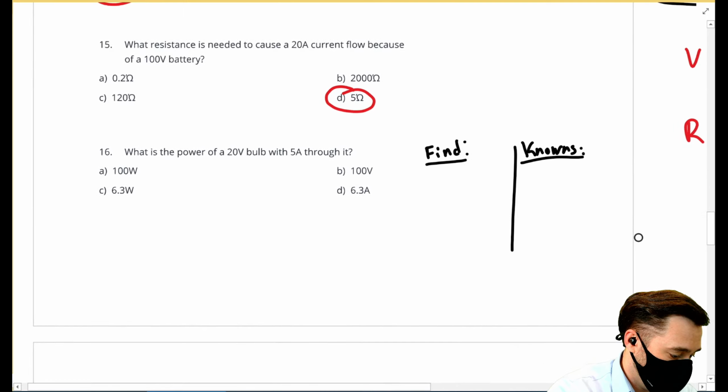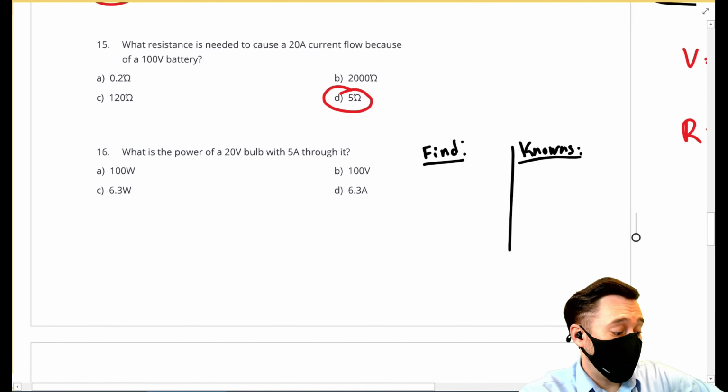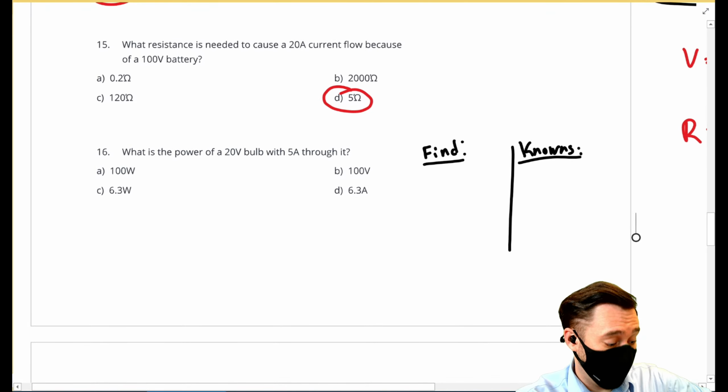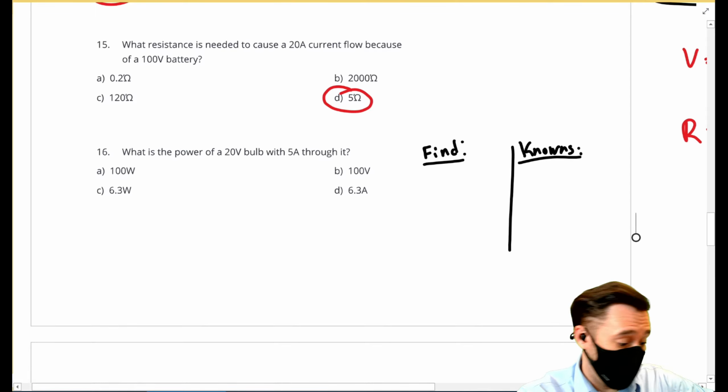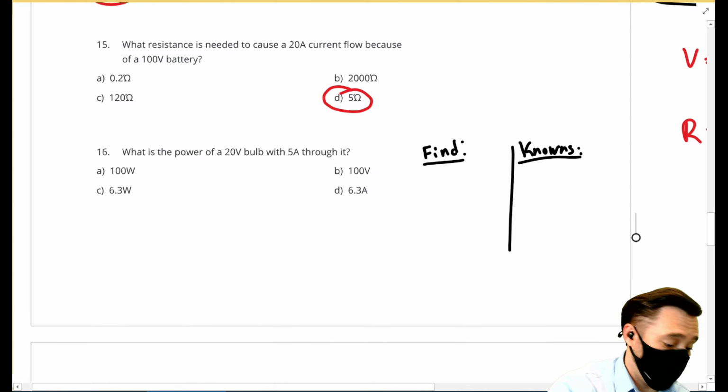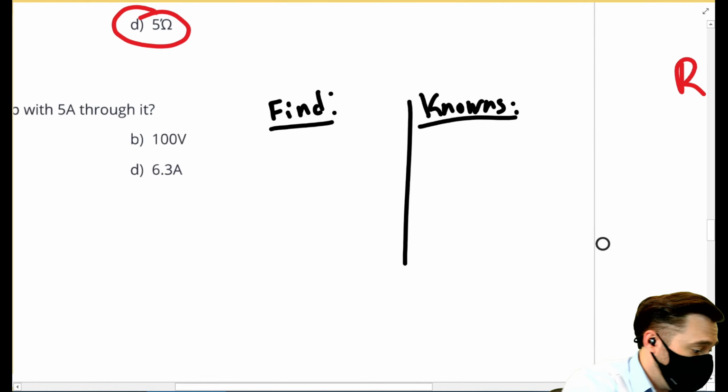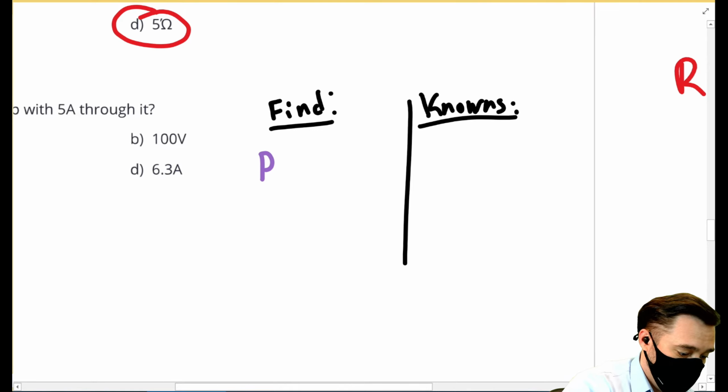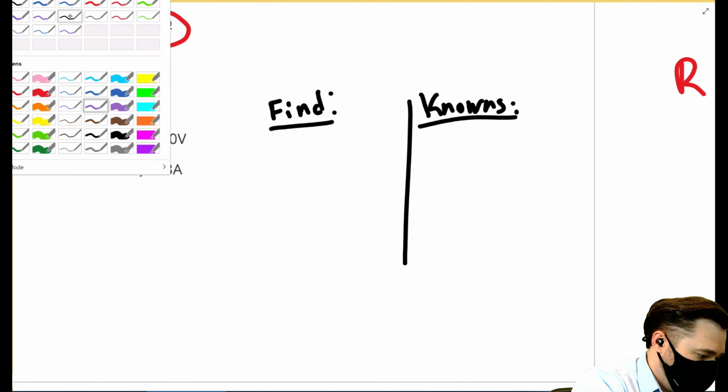Go get some coffee. Okay, so what is the power of a 20 volt bulb with 5 amps running through it? So it's asking what is the power? Power is, let's see, does purple work better? Yeah, I like purple. All right, and that's going to be in units of watts. And actually, let's go with the thinner purple.